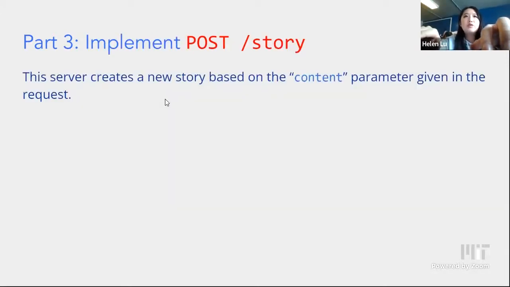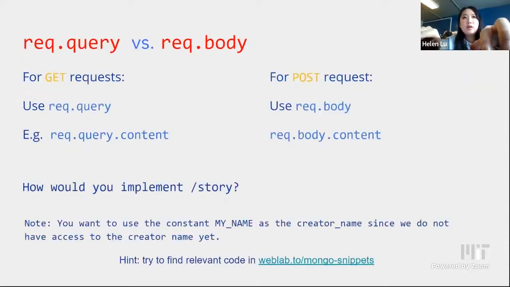And so yes, now we want to implement post. Here we want to create a new story based on the content parameter that's given in the request. But where do we get the content?